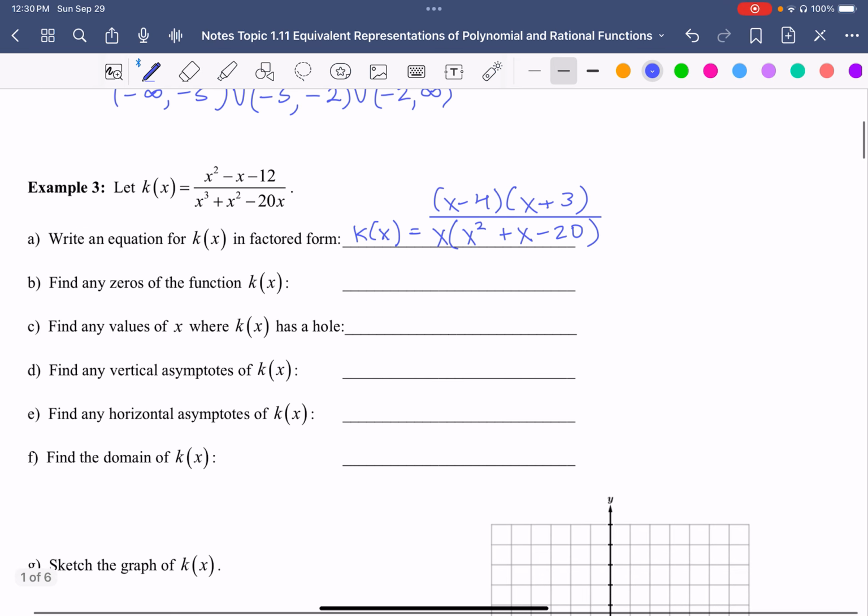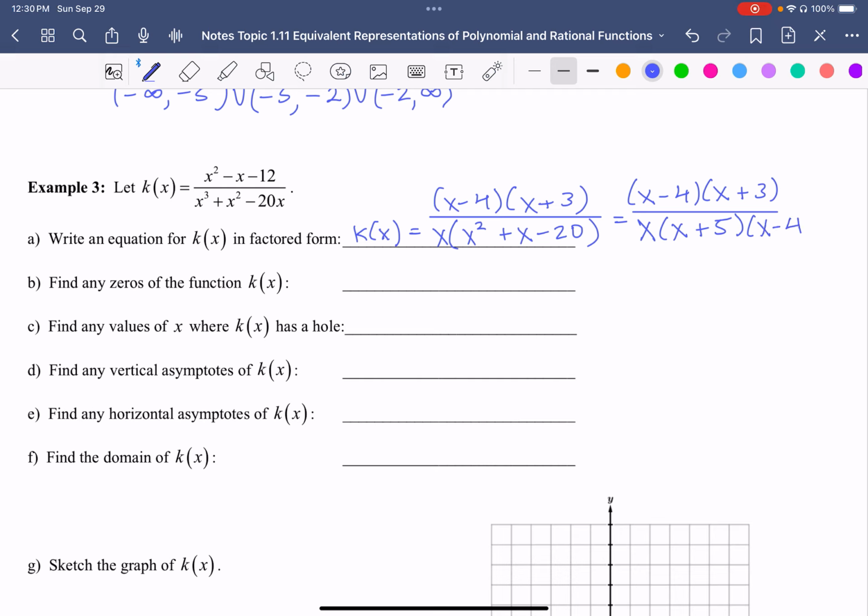Okay, and now two numbers that multiply to negative 20 and add up to positive 1 would be x plus 5 and x minus 4. Okay, now notice that I made sure to carry this x with me.